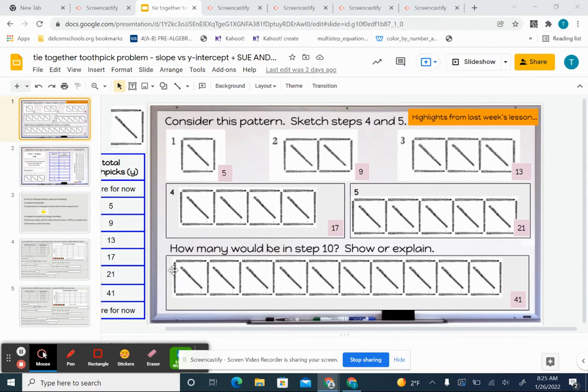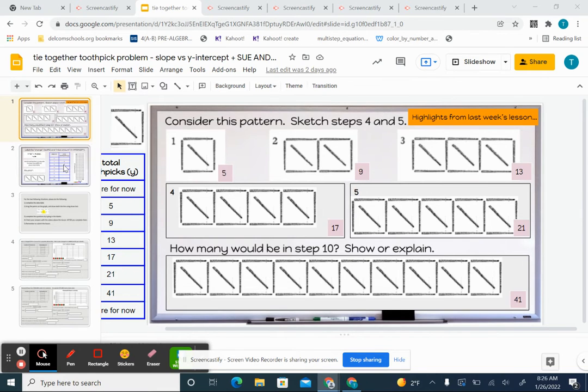If I wanted to know the 1,000th step, I could think of it as that 1 toothpick plus 1,000 groups of 4 additional toothpicks, because each step adds 4 more toothpicks. So one of the rules was take 4 times the step, to get all of the groups of additional 4 toothpicks added to the initial 1 toothpick.